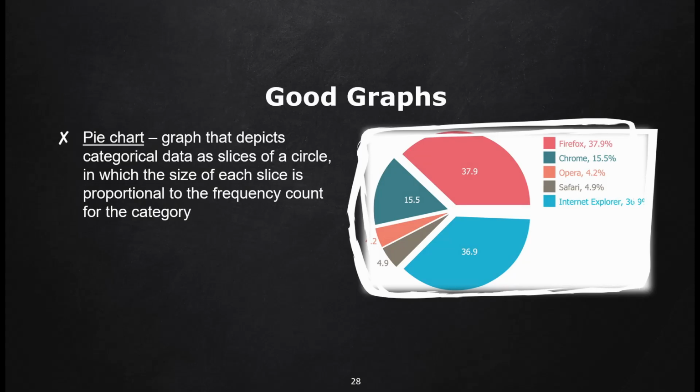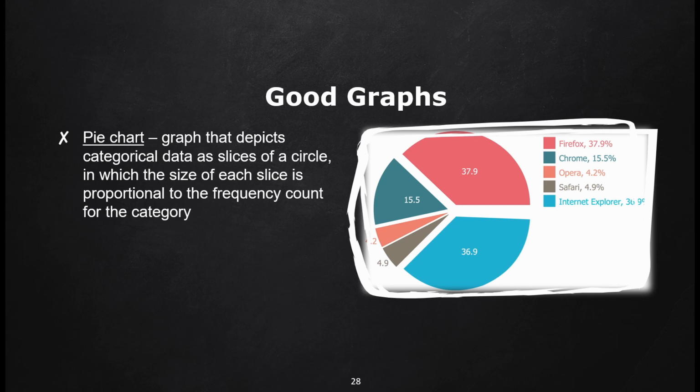This one here needs no introduction. I'm pretty sure we've all seen this since way back in elementary school. The pie chart. It just depicts categorical data, once more, as slices of a circle or a pie. And the sizes of those parts here are proportional to how many frequencies that slice has, or relative frequencies.